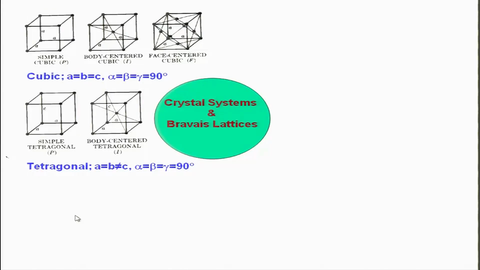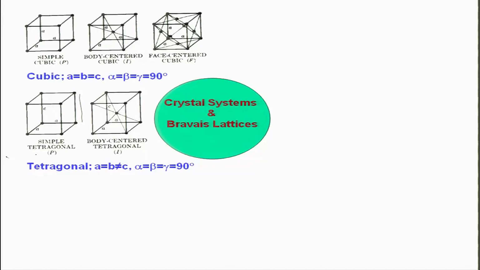Second variation in this case is tetragonal lattice. In case of tetragonal, again you can see C is different than A. So, this is simple tetragonal. You have 8 points at the corners, and since each unit cell is shared by 8 neighbors, 8 unit cells share 1 lattice point.